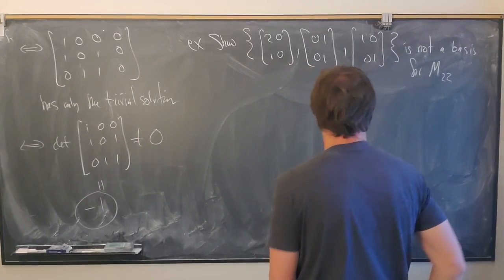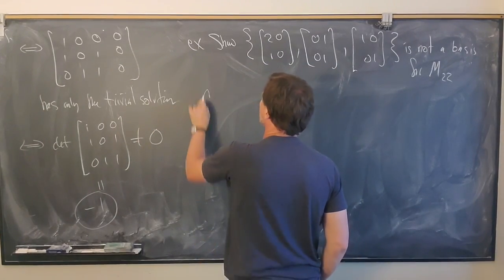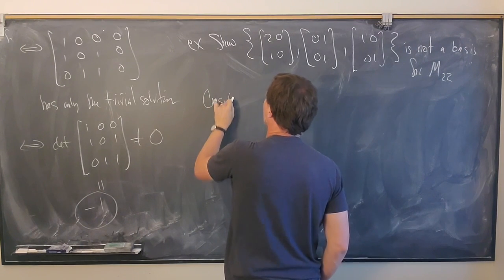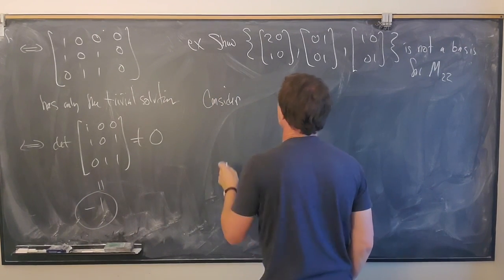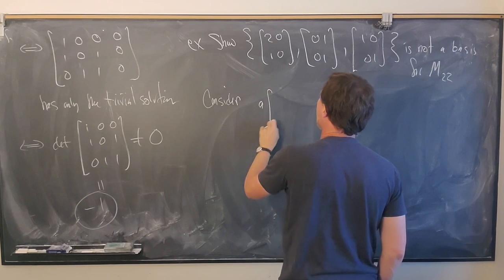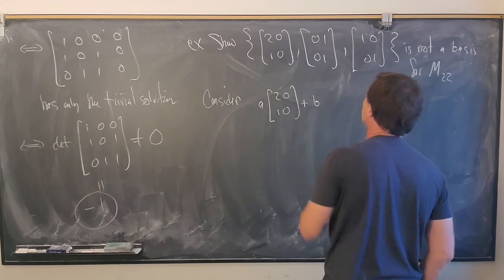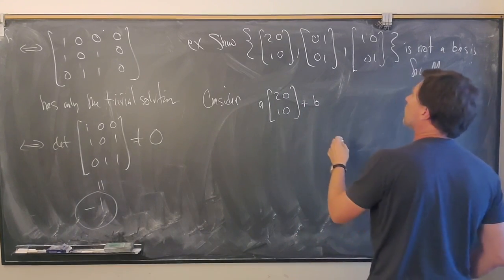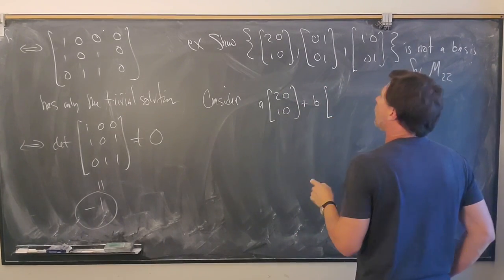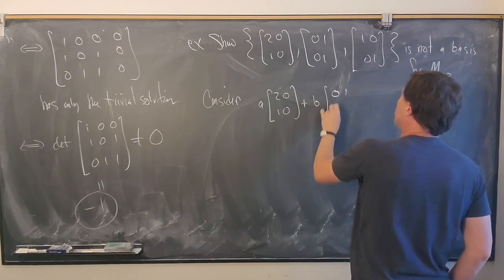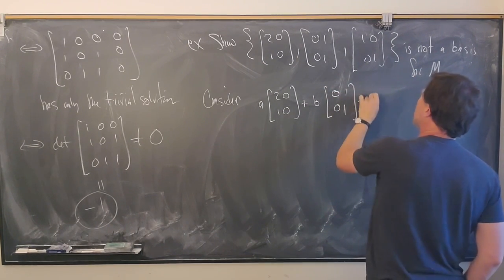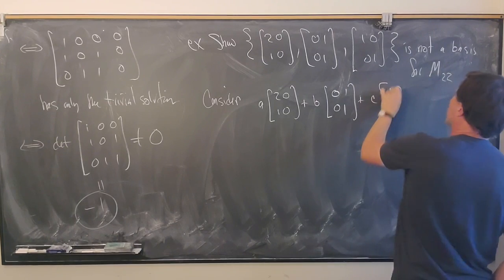Okay, so for our solution, let's consider, so it would look like this: A times 2, 0, 1, 0 plus B times 0, 1, 0, 1 plus C times 1, 0, 0, 1.